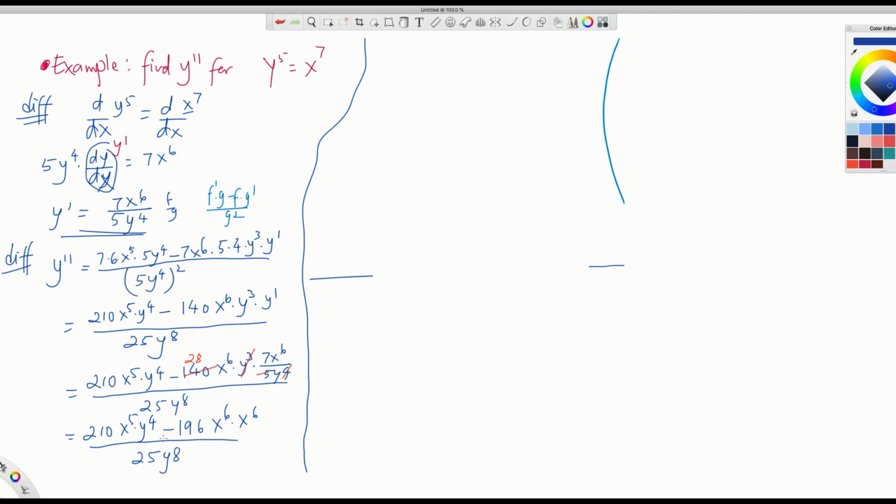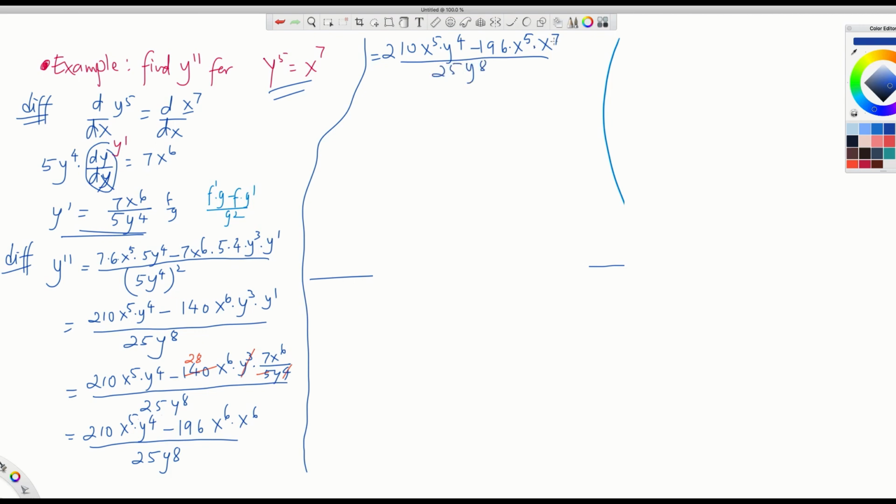Now what I want to do next is write the numerator slightly differently so that I can use the given equation. So that is 210 x to the 5 times y to the 4 minus 196 times x to the 5 times x to the 7, over 25 y to the 8.